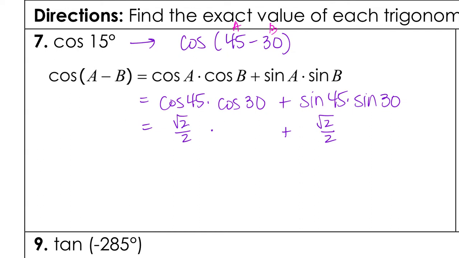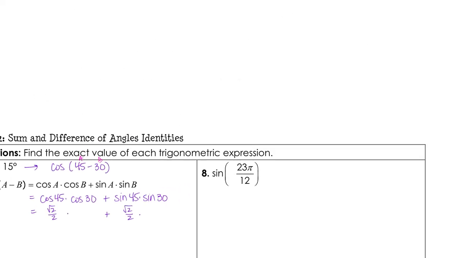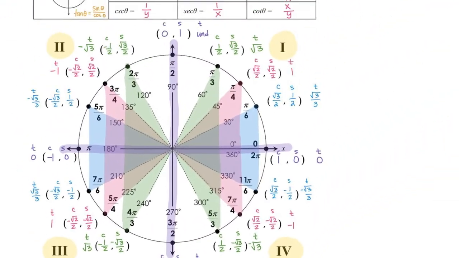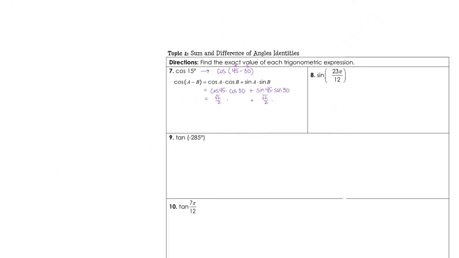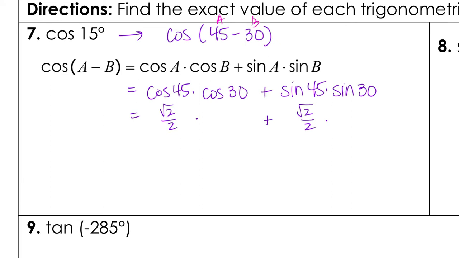But I honestly don't know the 30, so let's go up to the unit circle and figure out what that's supposed to be. So sine of 30 and cosine of 30. Here's 30. Cosine is square root of 3 over 2, and sine is 1/2.